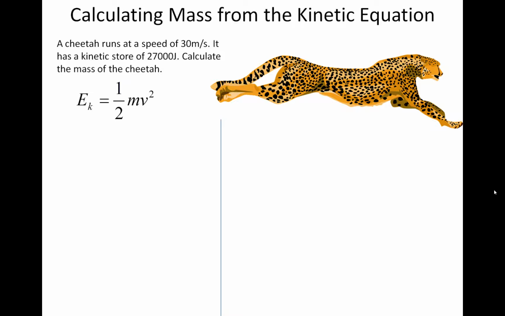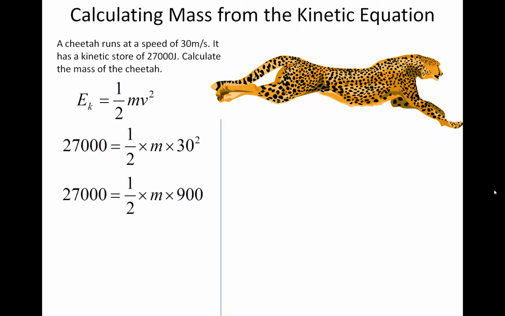We have 27,000 J, so that means EK is replaced with 27,000, and we have 30 meters per second. So we replace V with 30. This gives us 27,000 equals a half times m times 30 squared. We'll square the 30 first to give us a half times m times 900.